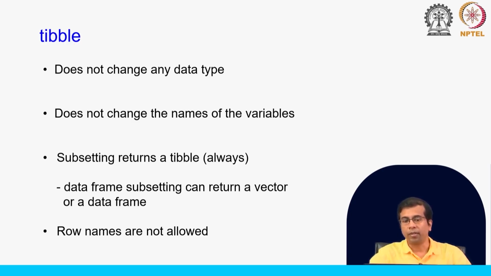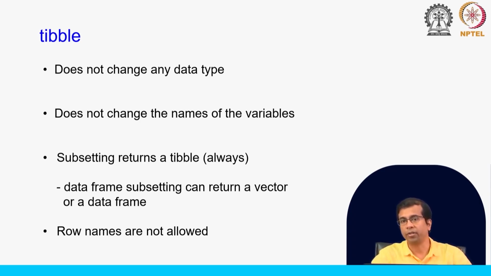Now, let us move on to the tidier functions, right. So, we have discussed the table data structure, which is very similar to data frame, but it has some important characteristics which could be useful in our applications. So, now we can apply these tidier functions on table as well as data frame.